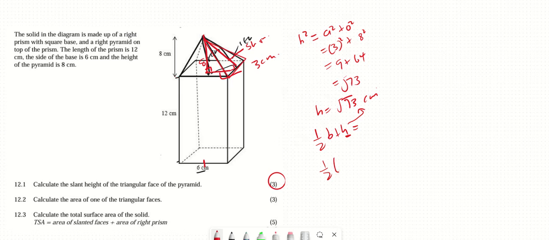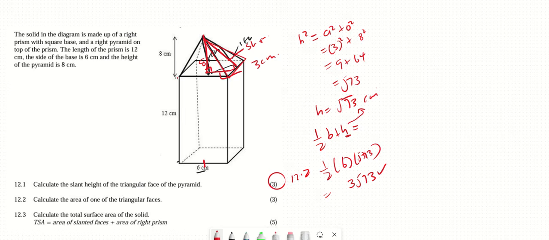So it's 1/2, the base is 6, and the height is root 73, which is about 8.5. So it's 1/2 times 6 times root 73, which means one triangle is 3 root 73.